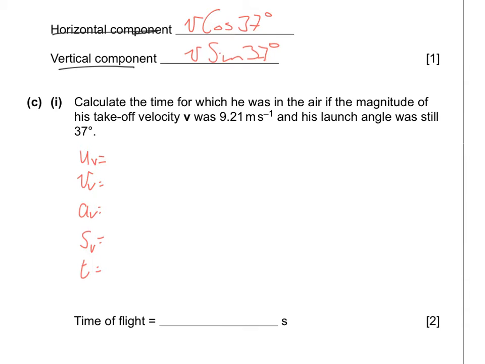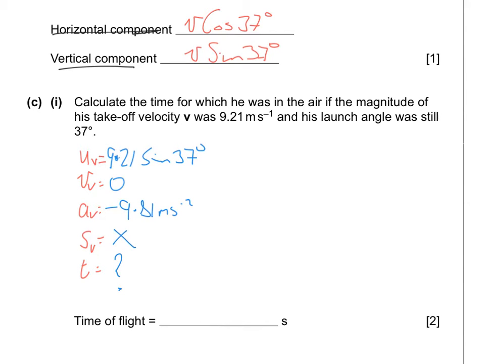We're starting at this value of v sine 37, which we now know is 9.21 times sine 37. When he reaches the highest point, vertical velocity will go to 0. a is in the downward direction, which means it's negative, with the value of g. s we're not really interested in, and t is the requirement.